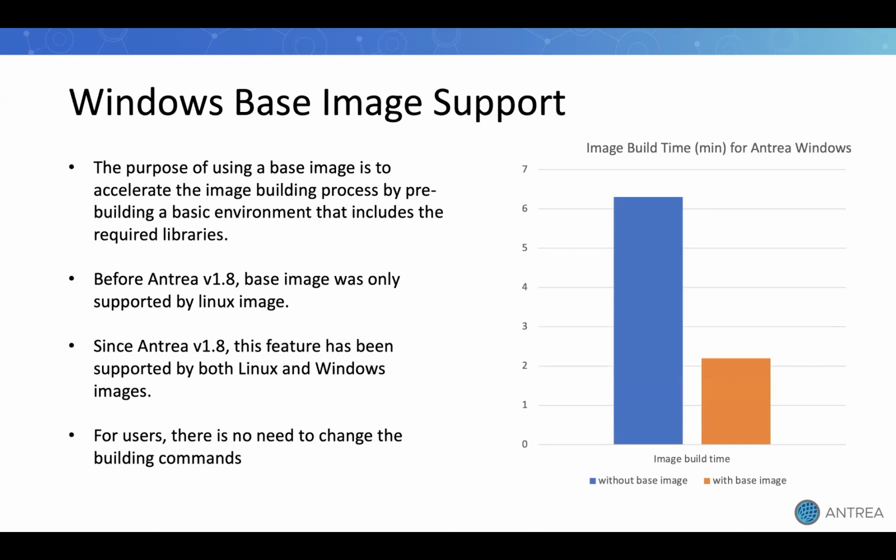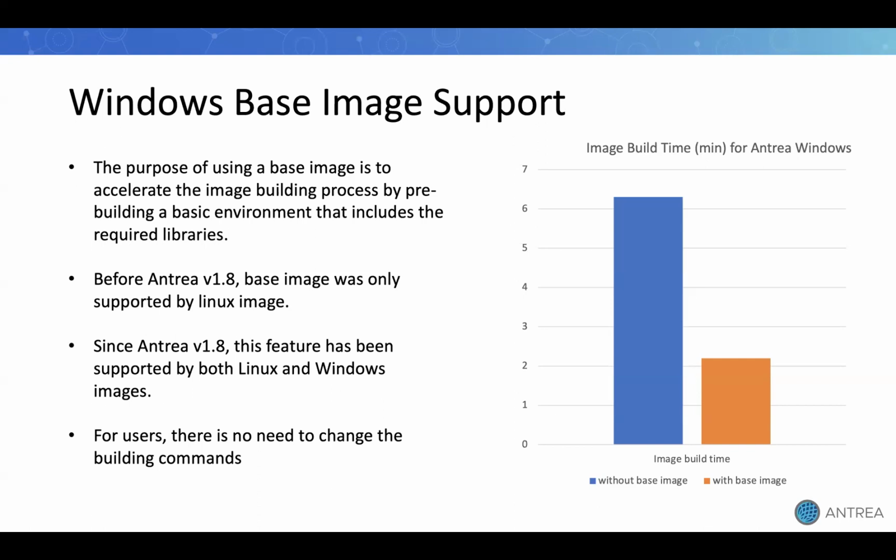We know Windows has a very different testbed compared to Linux nodes. Also, building the Antrea Windows image takes much more time than building the Linux image. So we want to optimize it to accelerate the whole process, not only for the kind pipeline, but also for other Windows developers who want to quickly build a Windows image for verification or development.